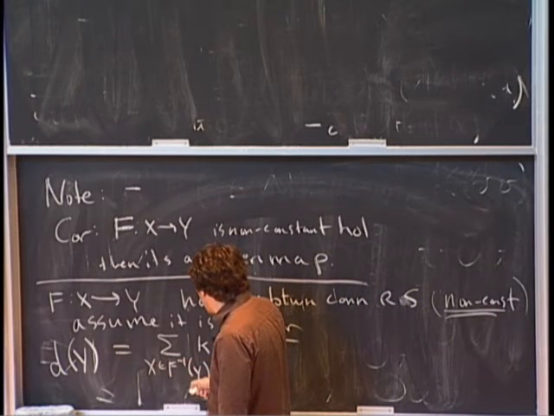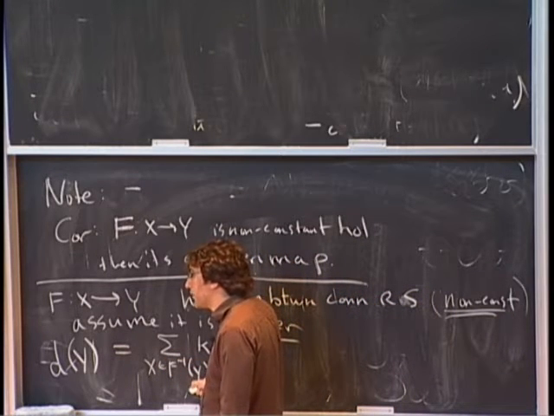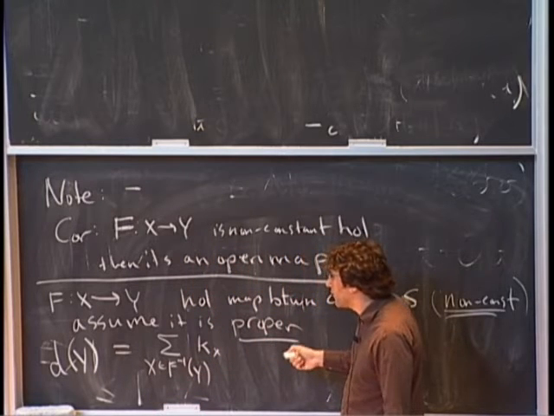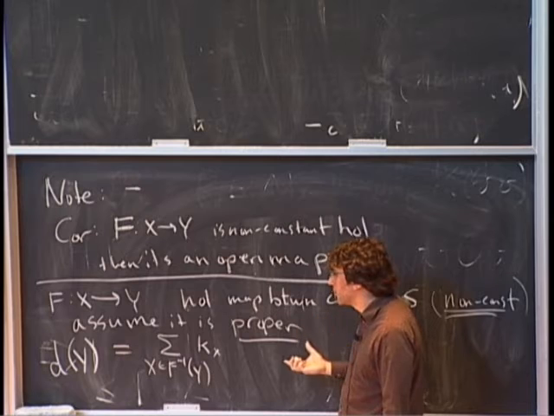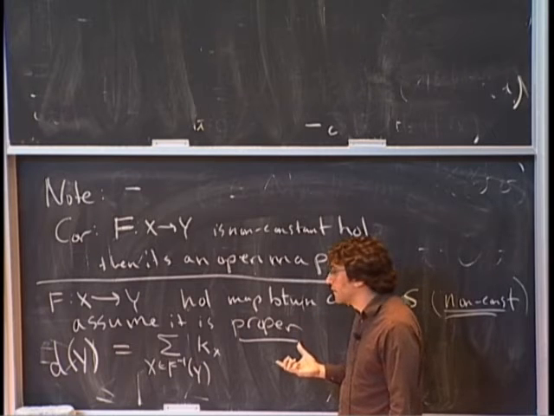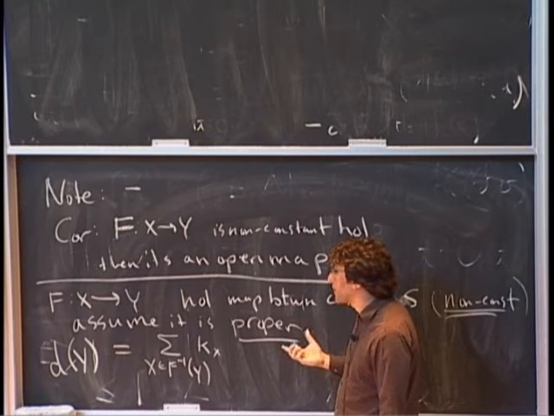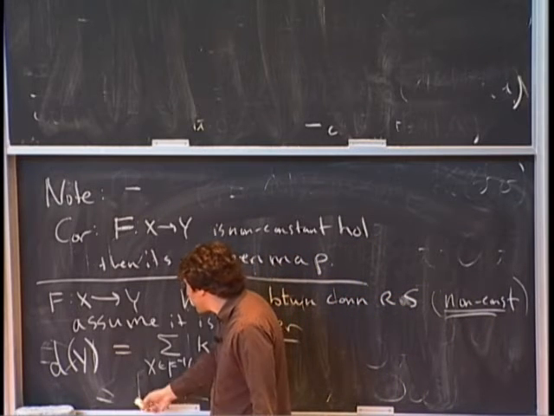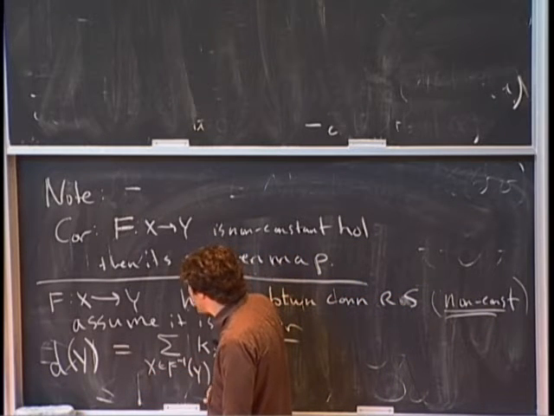To see that it's a finite sum, well, first of all, the preimage of a singleton point is certainly a compact set by the properness. So the question is, why is a compact subset of X a finite set? The reason is, and you should convince yourself of this, it should be pretty clear.